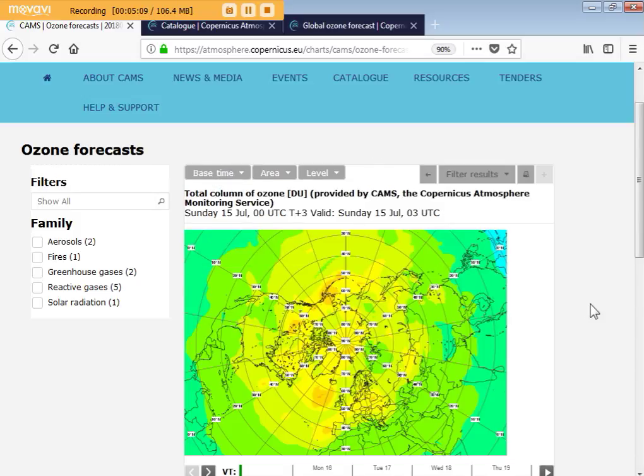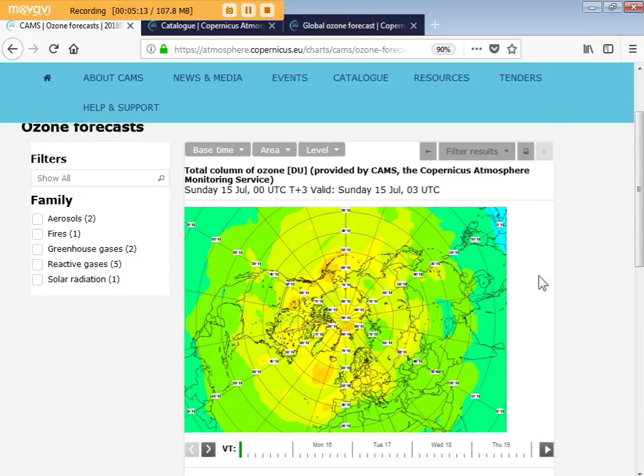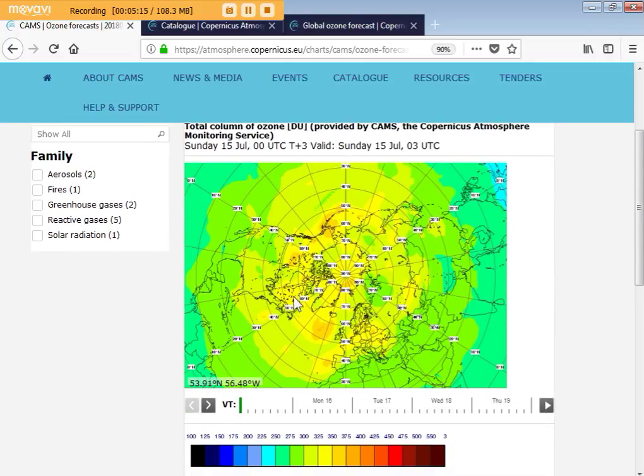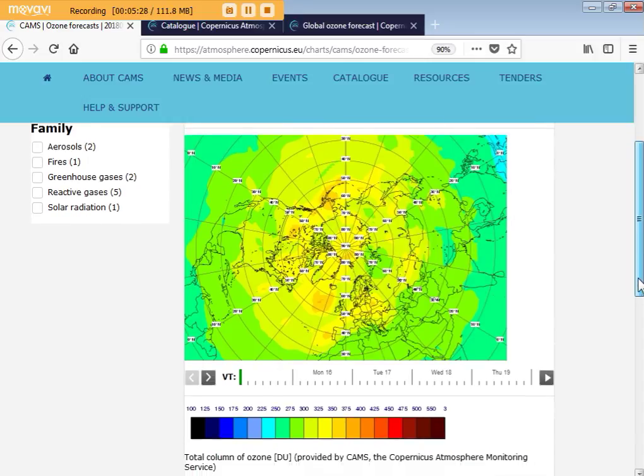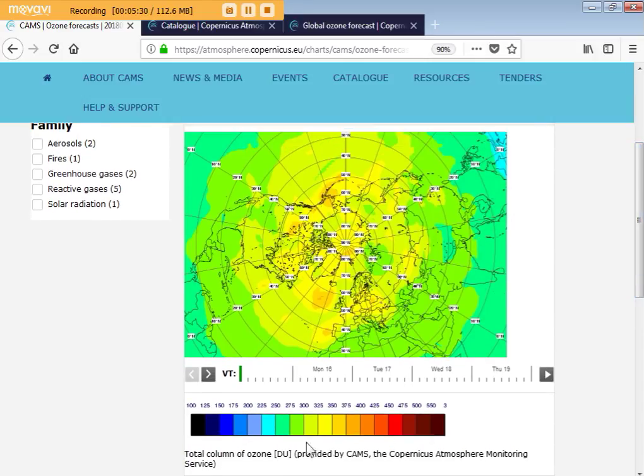Now one thing that is disturbing, and it defaults to total column. One thing that is disturbing is this is the North Pole, and you can see a thinning even going on in the north around in the Arctic. You can look down here on the chart. It's measured in Dobson units, or DU, and this is 225.